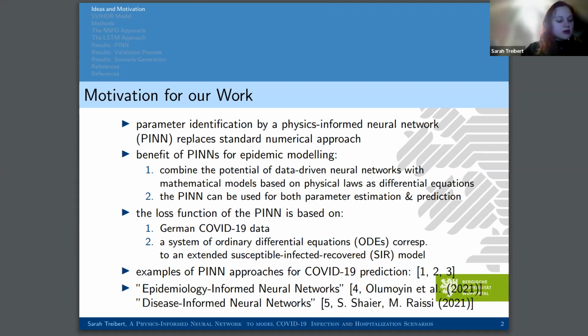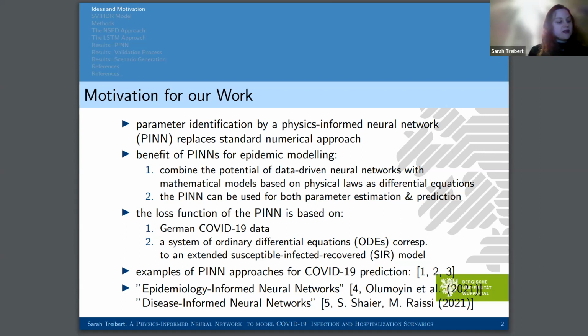We also did that in our recently published paper on a non-standard finite difference scheme for a certain compartment model to predict COVID-19 dynamics, where we made forecasts and analyzed them as well.